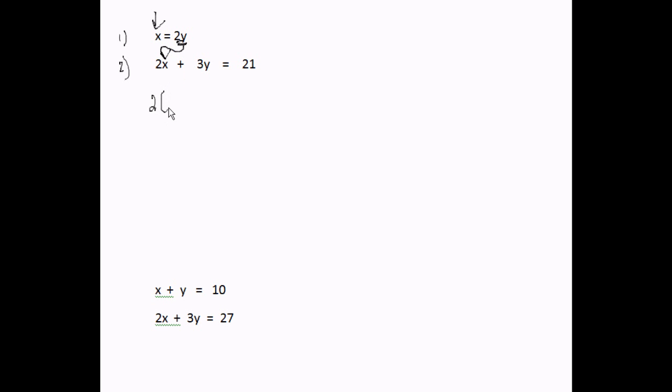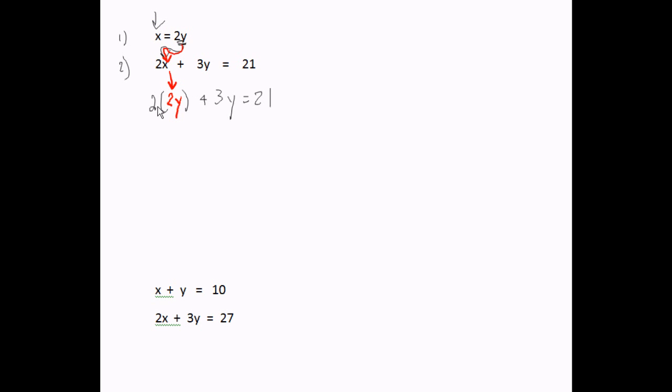So we have 2 times x plus 3y equals 21. There's our equation. And we're using substitution. We're going to plug this 2y into the x spot. So 2y goes into the x spot. That's substituting 2y into the x using substitution.